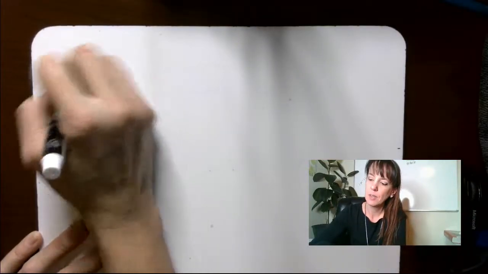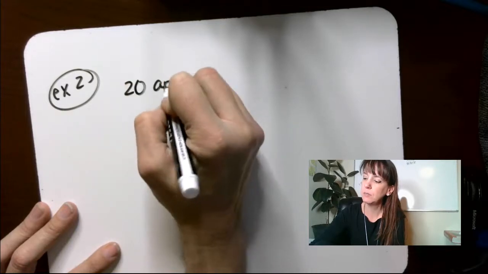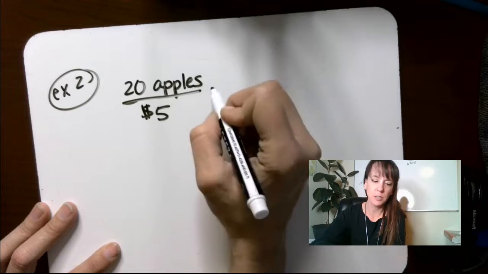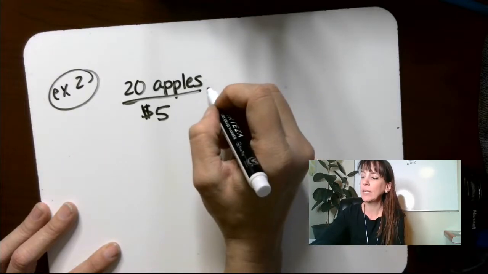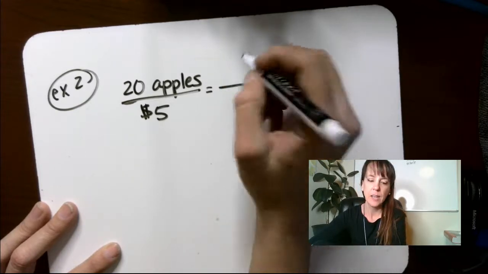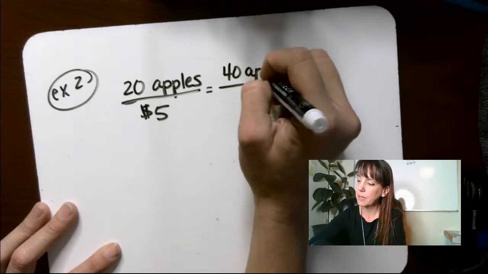Let's talk about example number 2. Example 2. This guy says 20 apples cost $5. What is the cost of 40 apples? Well, we could skip that unit rate if we wanted to, because we can put 40 apples up here. Let's look at that relationship.